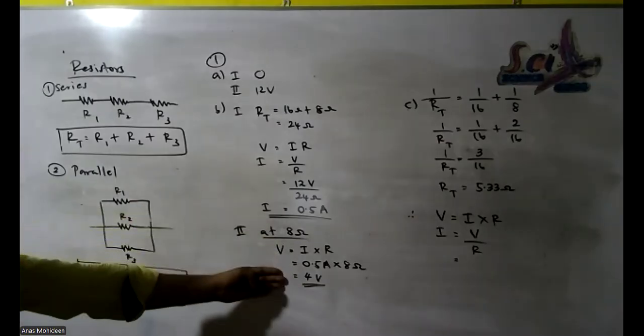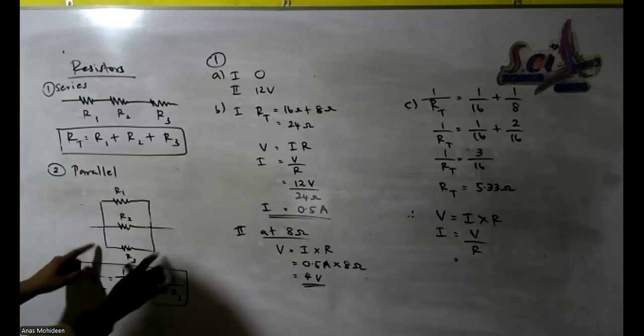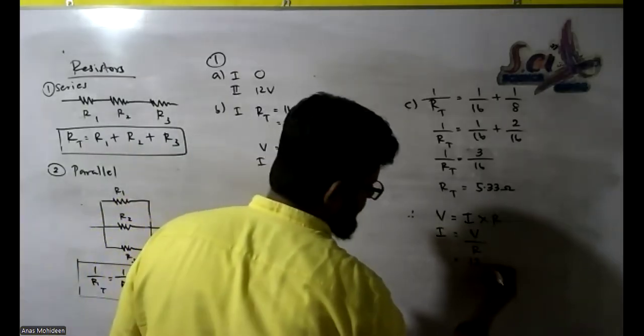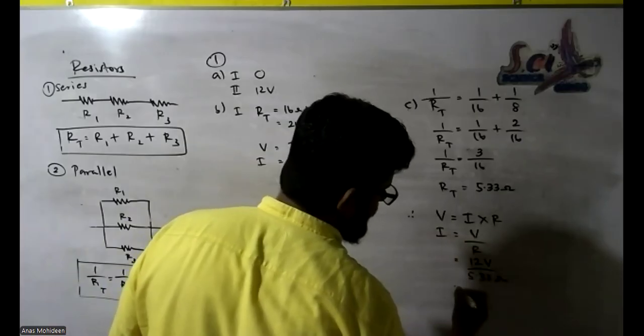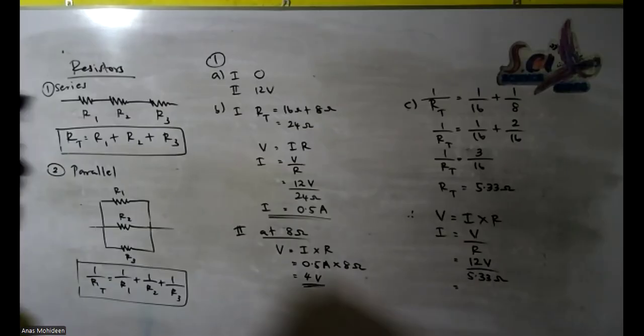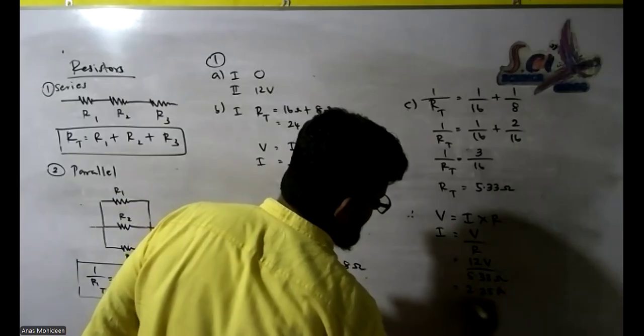Earlier it was 4 volt because of series. But now all of them are connected in parallel, so all of them will have the same voltage across both terminals. So the voltage is 12 volt divided by 5.33 ohms. I can take it as 5.3 as well. So 12 volt divided by 5.33, I get the answer 2.25. Can you see now what happens?